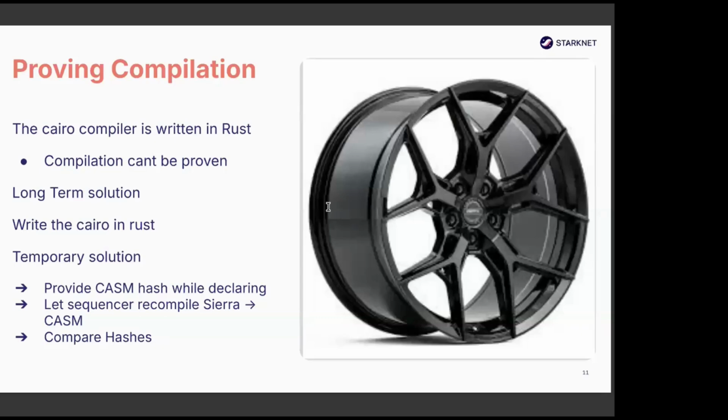What the team at Starknet is doing, so Starkware is the team responsible for writing the technologies of the Starknet blockchain. It's the one which works on maintaining things like the Cairo VM and any developments.